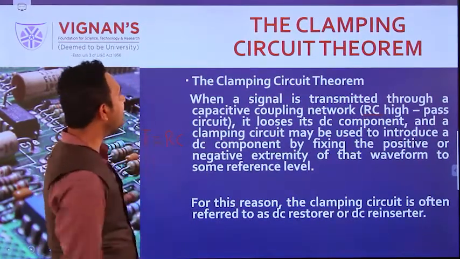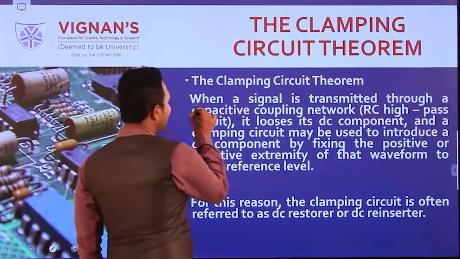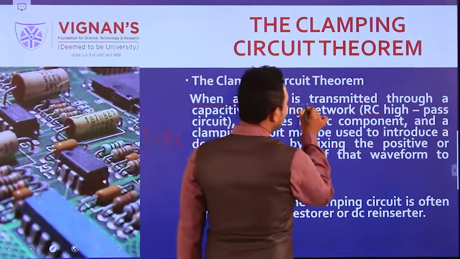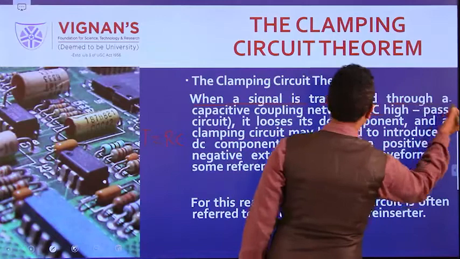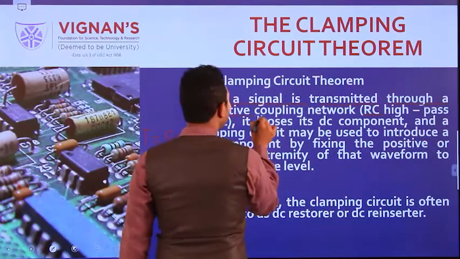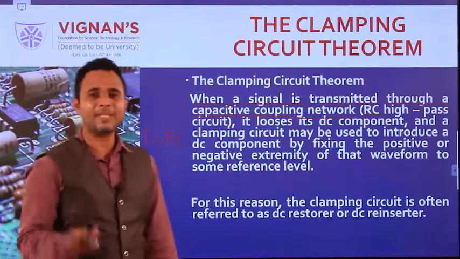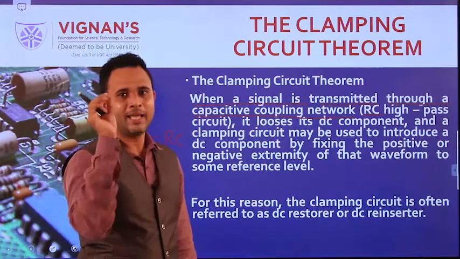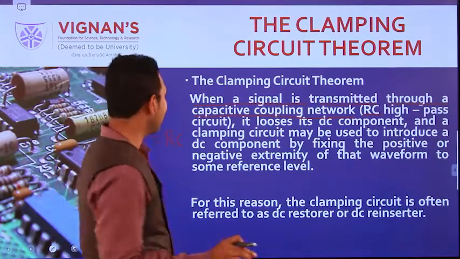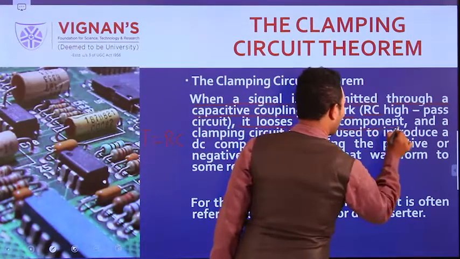What is meant by the clamping circuit theorem? I am explaining it here. When a signal is transmitted through a capacitive coupling network, meaning an RC network, it loses its DC component.